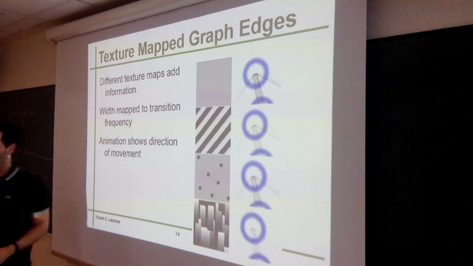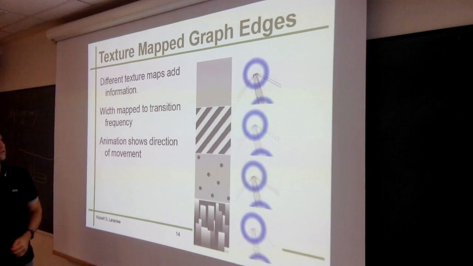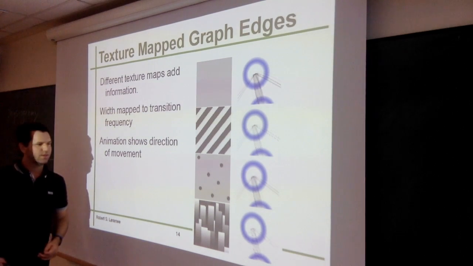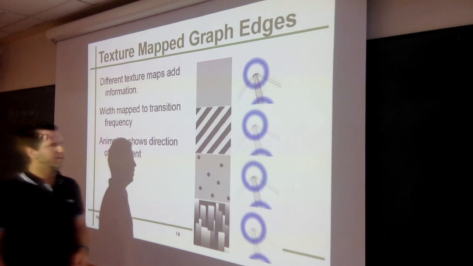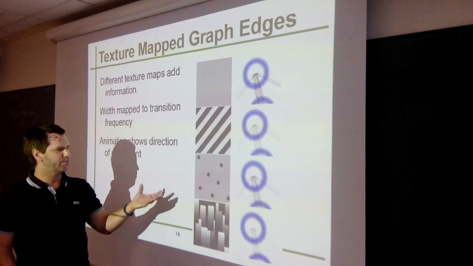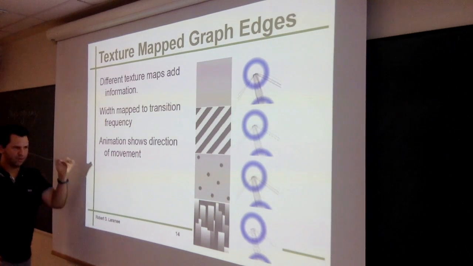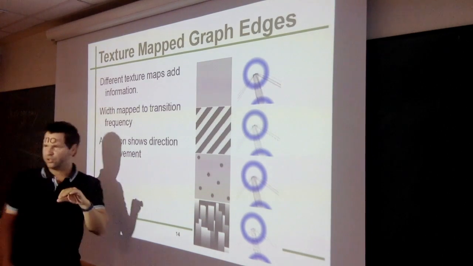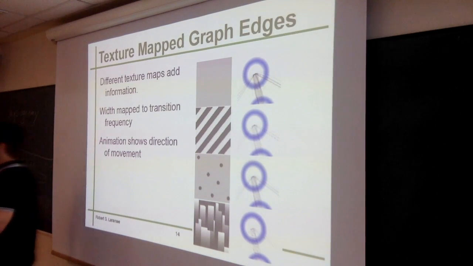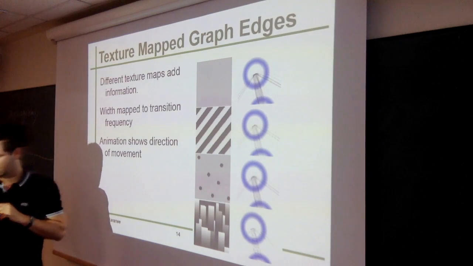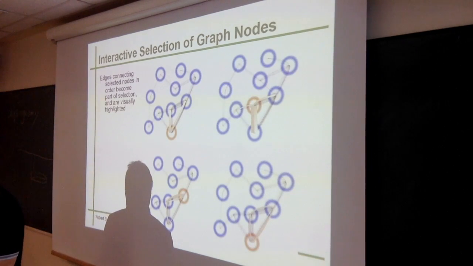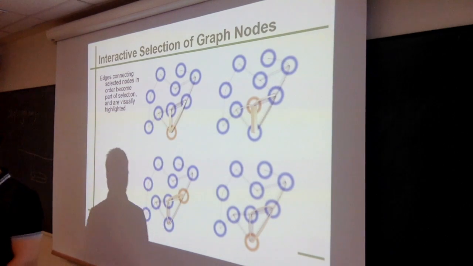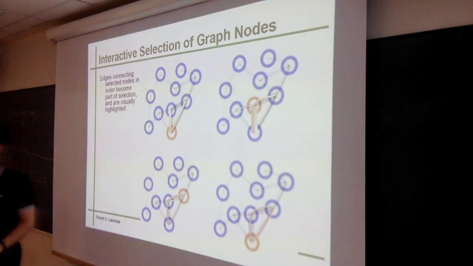We can texture map the edges to add information to them. So we can add a texture that shows how frequently a transition is made from one node to another, and we can add the direction of the transition through animation. And here's an example that's interacting with the graph nodes.